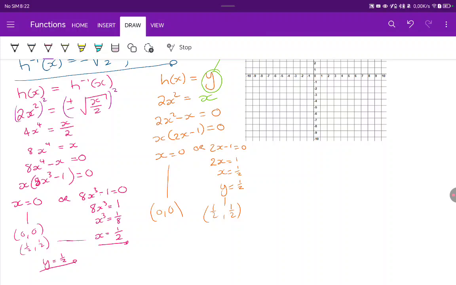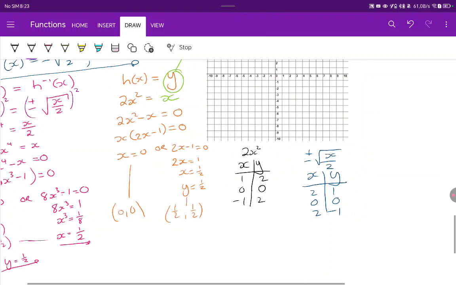Let's sketch the graphs real quickly. Okay, quick sketch.